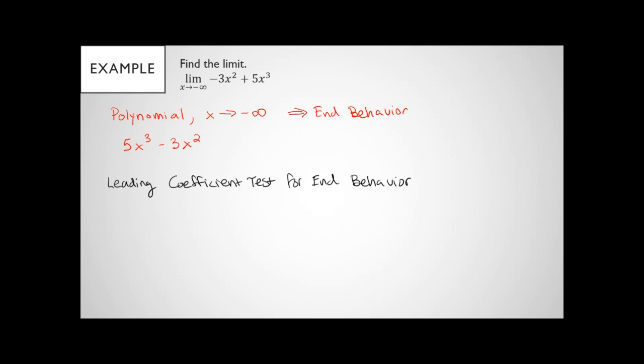But if it's asking for negative infinity, this is telling us that we've got end behavior going on. So we're going to use the leading coefficient test. We've got a positive coefficient, it's greater than 0, and then we have an odd degree. So that tells our general shape is going to look like this.